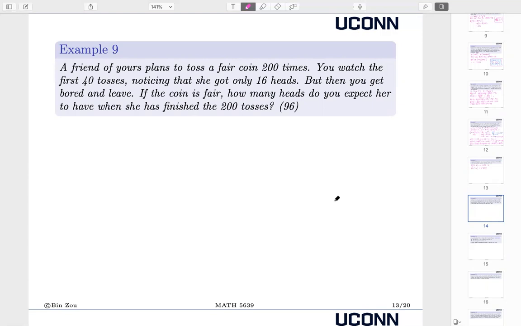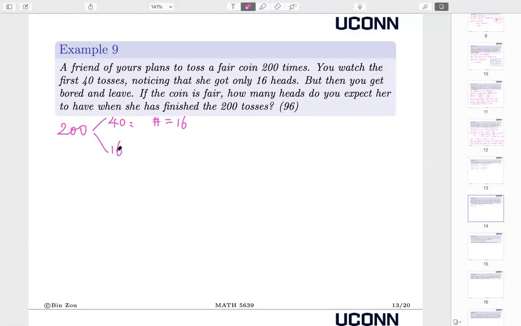What would you expect the total number of heads to be after your friend finished 200 tosses? You already observed the result for the first 40, and the number of heads is 16.